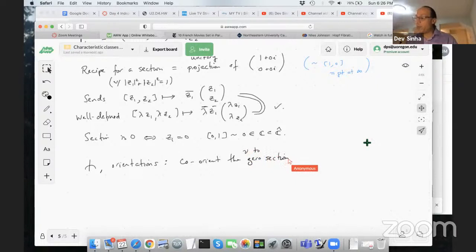Well, the normal bundle to the 0 section of a bundle is also always isomorphic to that bundle, by just, in a fiber, taking any vector in the fiber and then scalar multiplying it by I. And again, the argument last time will say that that's consistent.